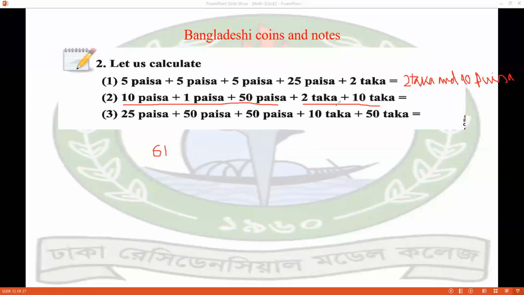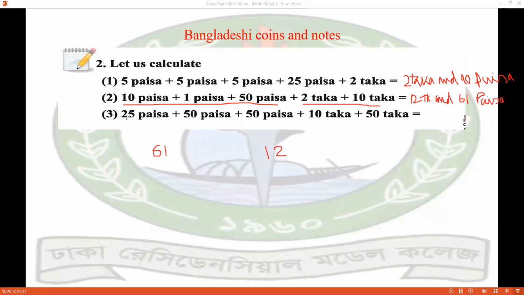And there is 2 taka and 10 taka. There is 12 taka. So you have to write there is 12 taka and 61 paisa. We write it.